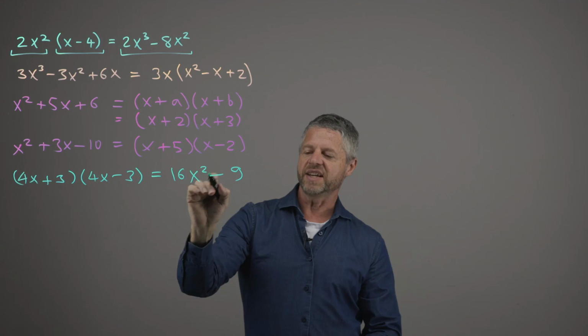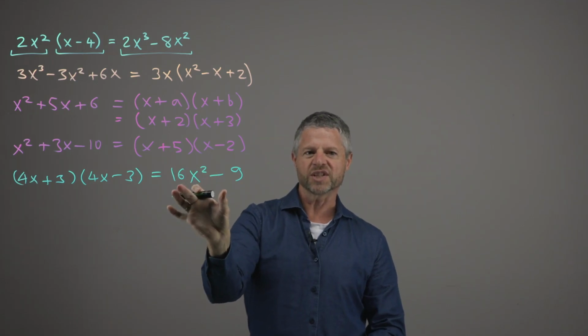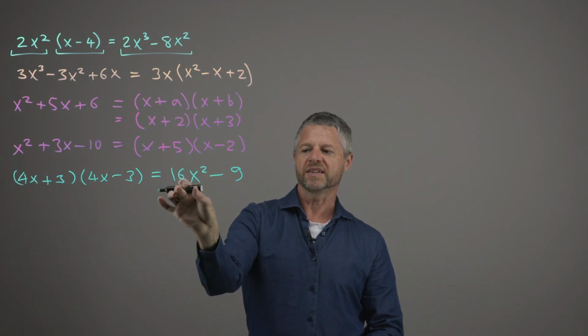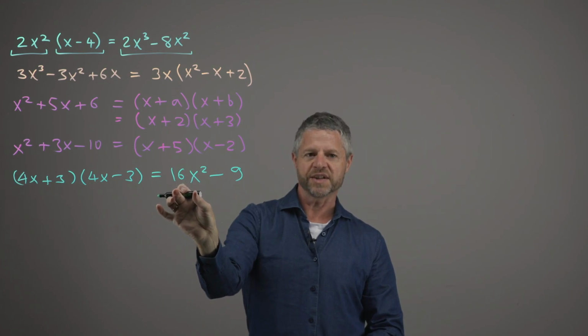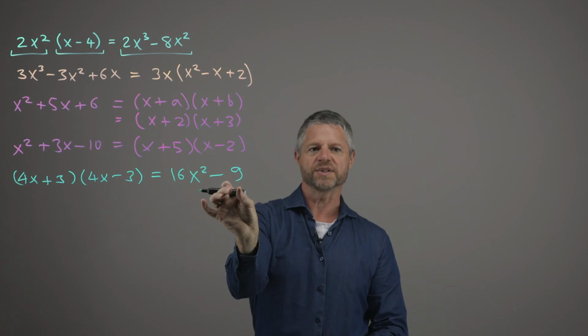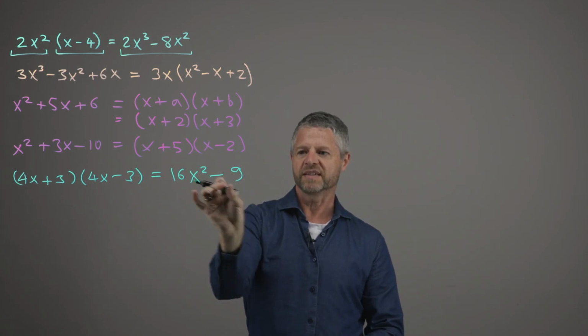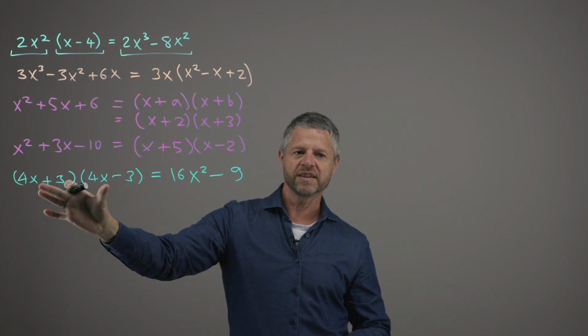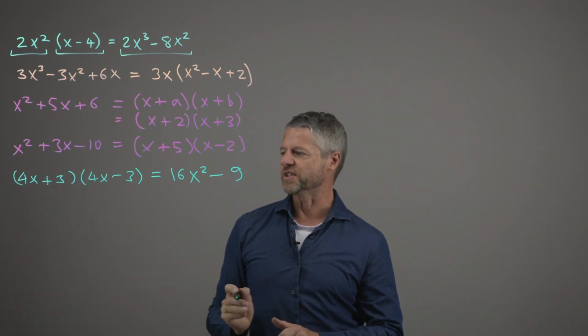So whenever we see a polynomial that looks like this, where there's a term here which is a perfect square, and another term here which is also a perfect square, then we can factor it using the idea of conjugates.